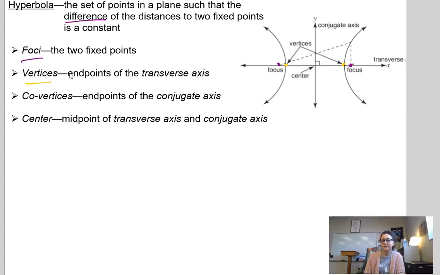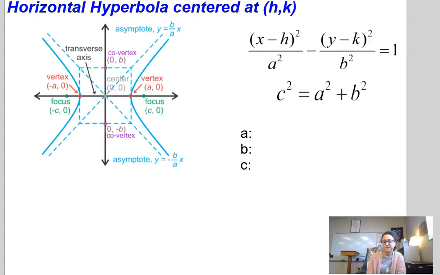And you've got your co-vertices, so those are the endpoints of the conjugate axis, analogous to the minor axis of ellipses, and then of course your center. So let me show you a couple more general hyperbolas. One unique thing about hyperbolas that none of the other conic sections have is that they have these asymptotes, these slant asymptotes.